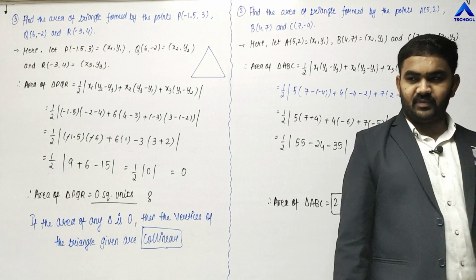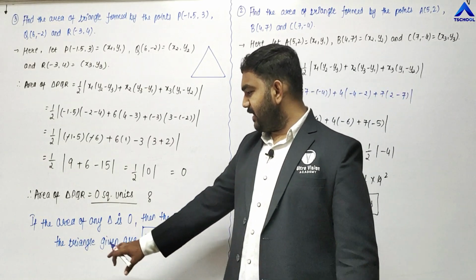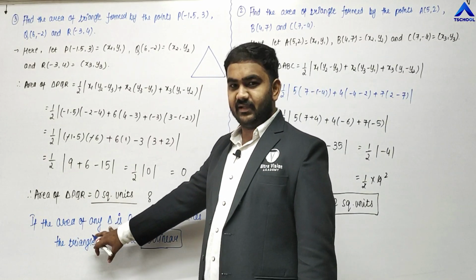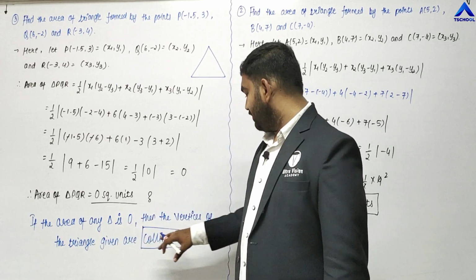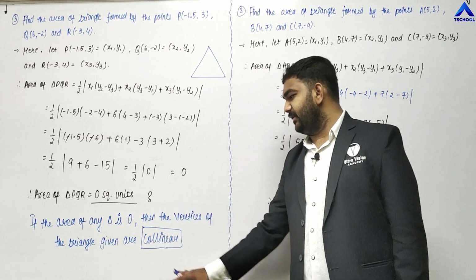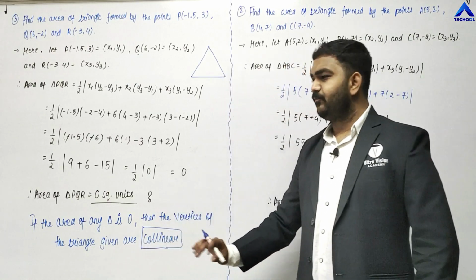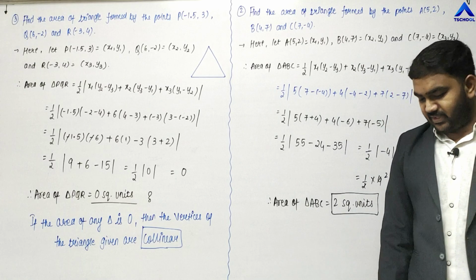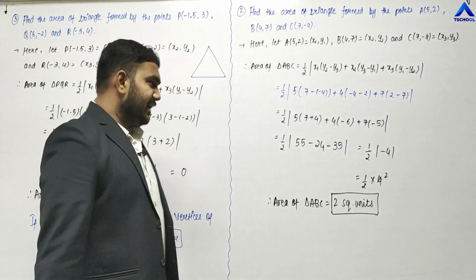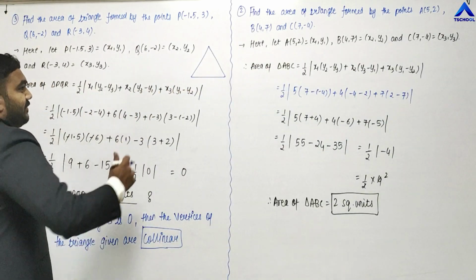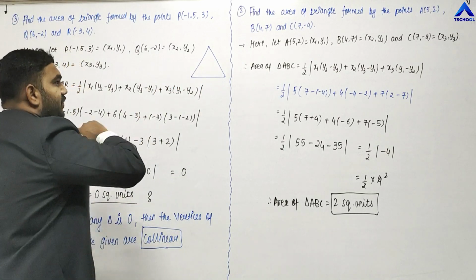And this is again coming here: if the area of any triangle is 0, then the vertices of the triangle given are collinear. Collinear means all the vertices will lie on the same line. So this triangle will now not be a triangle.